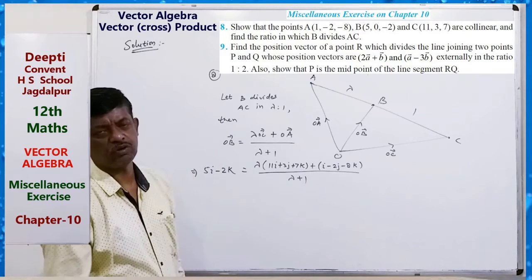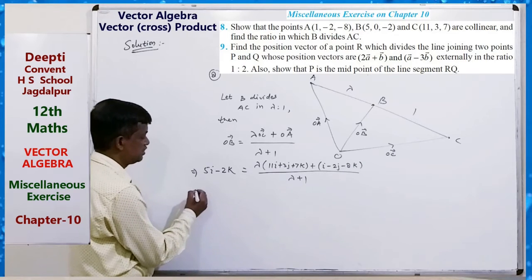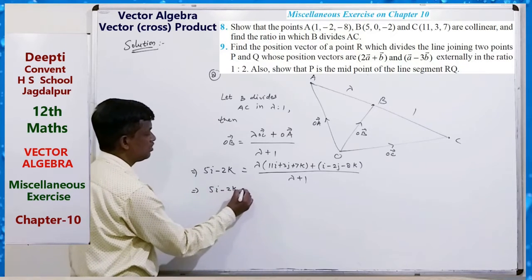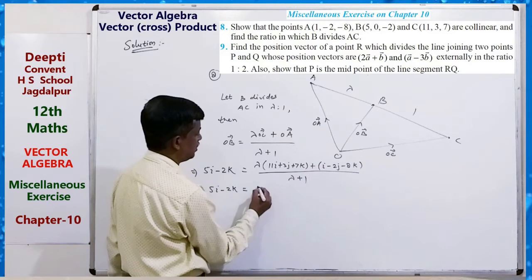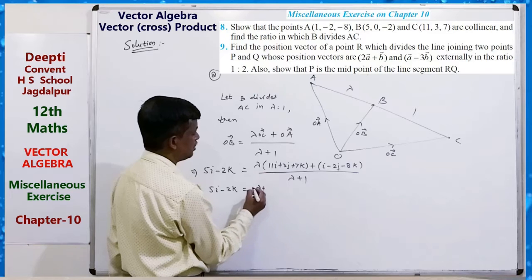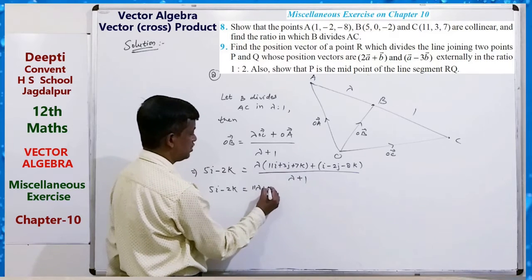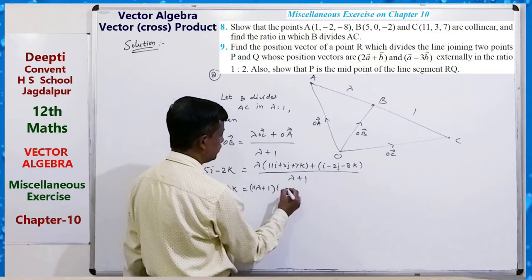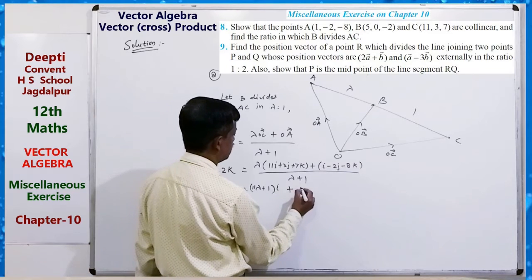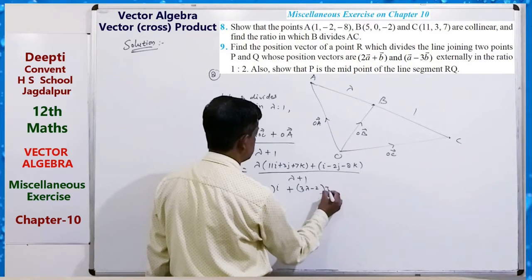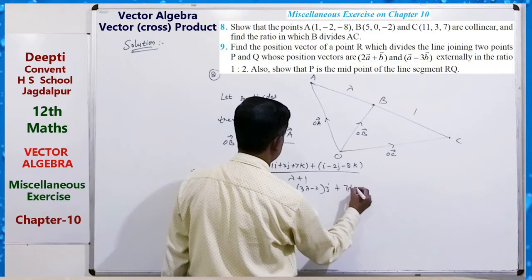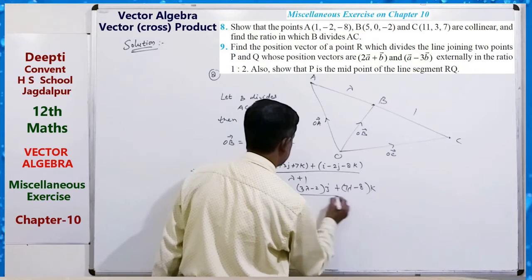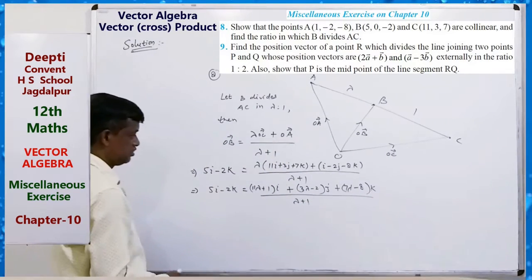So comparing both sides, 5I minus 2K equals (11 lambda plus 1) into I upon lambda plus 1, plus (3 lambda minus 2) J, plus (7 lambda minus 8) K, upon lambda plus 1. So comparing both sides.